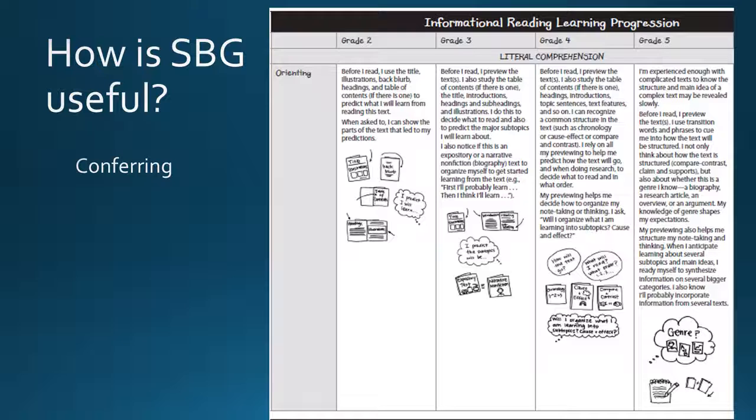If a teacher, for example, sees a student who is exhibiting many of the behaviors that are typical for second grade, but perhaps are missing a few, a teacher can use this progression to help them see where they need to move to, as well as if they want to move up a level, the teacher can coach the student in that direction.